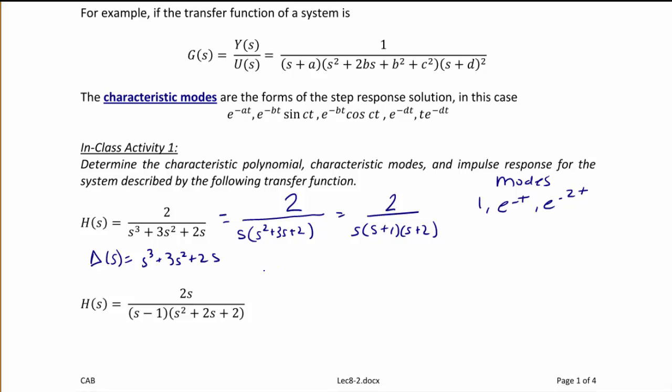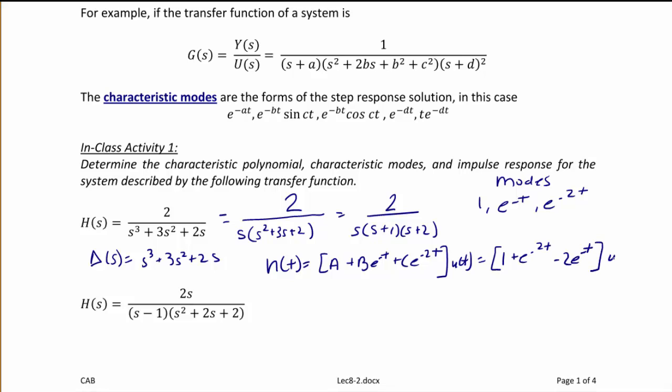And finally, the impulse response is h of t equal to (a plus b e to the minus t plus c e to the minus 2t) u of t. We can use partial fraction expansion to find these values, and we get h of t equal to (1 plus e to the minus 2t minus 2 e to the minus t) u of t.